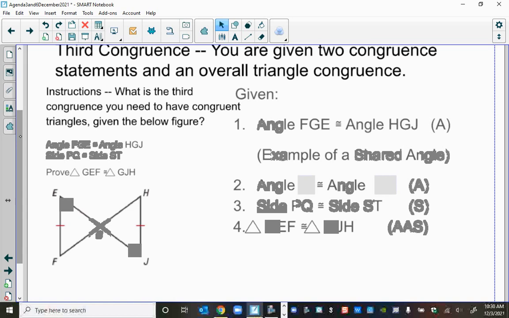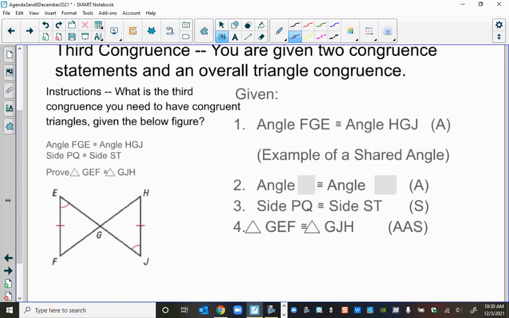PQ, so this is what I mean. Everybody's paying attention. Let's get rid of PQ. Let's get rid of ST. Cross those out. We're going to make that EF. So PQ is now EF. So please, ladies and gentlemen, make that change. I'm going to be looking at your notes to make sure you're making these changes.